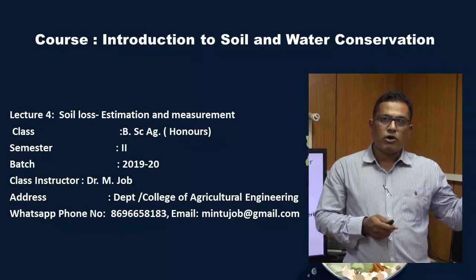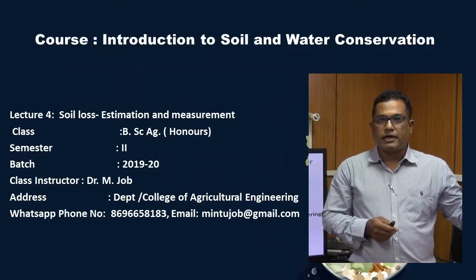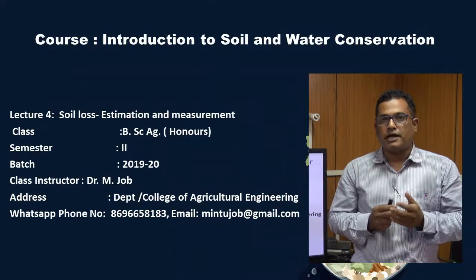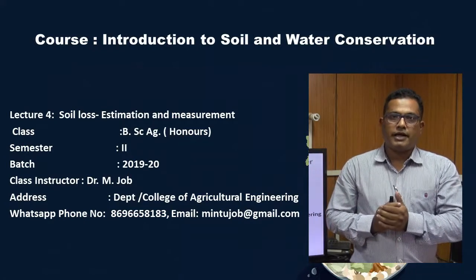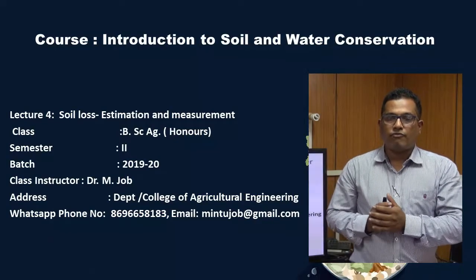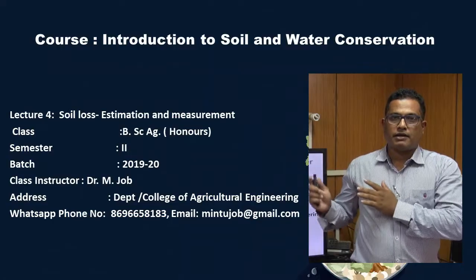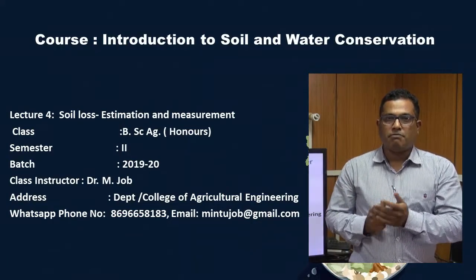So how much volume of soil is being eroded in this particular case where we are explaining? It is 10 cubic meter. So if we convert in terms of mass, it would be 10 into 1500, that is 15,000 kg per hectare per year is the annual soil loss, and that corresponds to 15 ton per hectare.